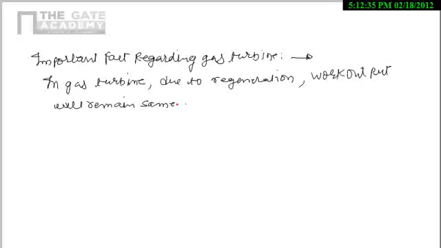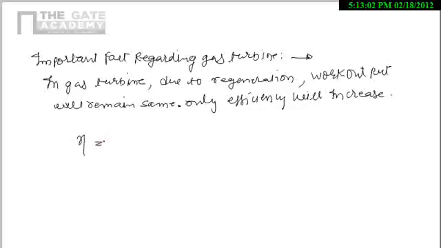So due to regeneration, remember one thing: in a gas turbine, work output will remain the same. Only efficiency will increase. I am again repeating: in a gas turbine, due to regeneration, work output will remain the same. Only efficiency will increase.